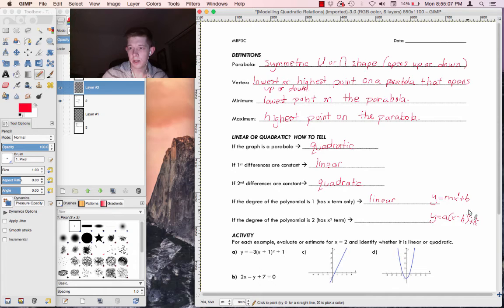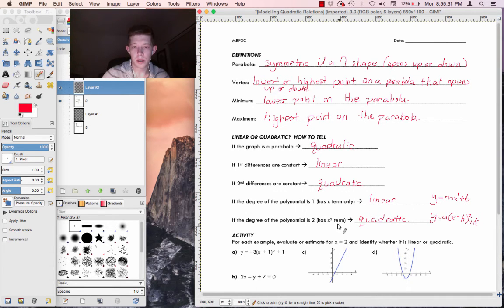If we expanded out our bracket, we're going to have x with an exponent of 2. That means that it's quadratic. Okay? So any exponent will tell you what we call the power or the degree of our polynomial.